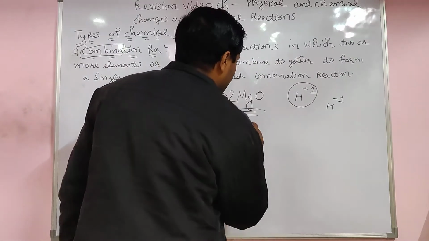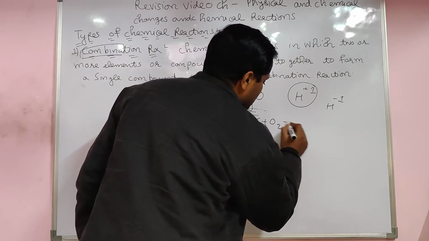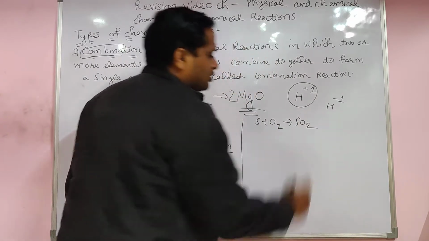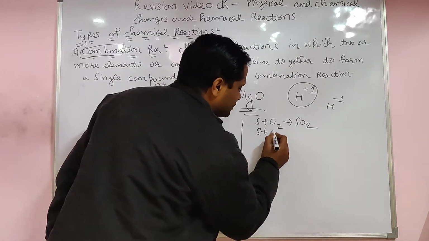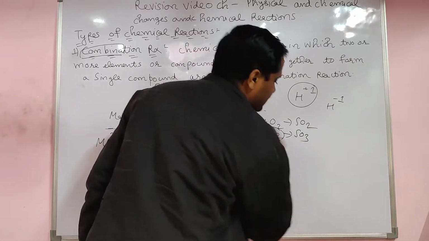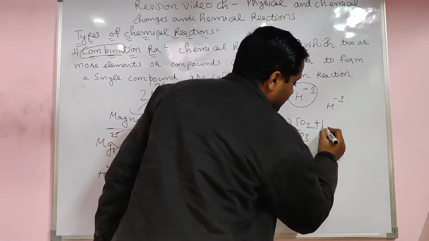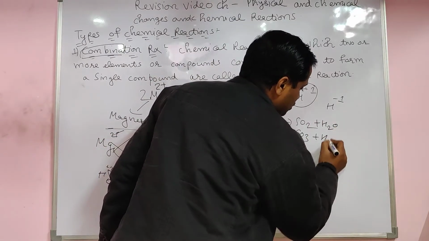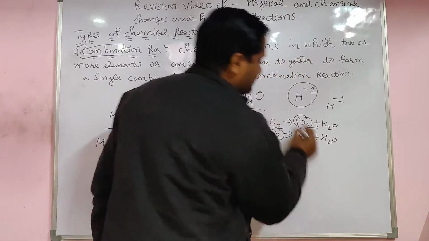Any other combination? S plus O2 gives sulfur dioxide, SO2. If you add more oxygen, that forms SO3. You know these oxides are present in the environment.